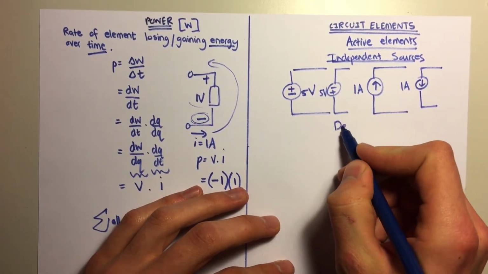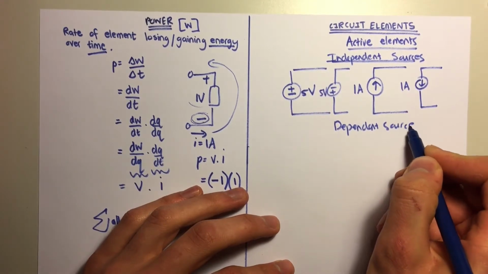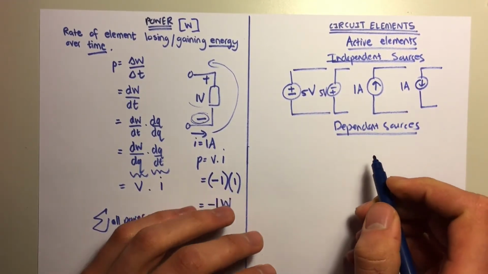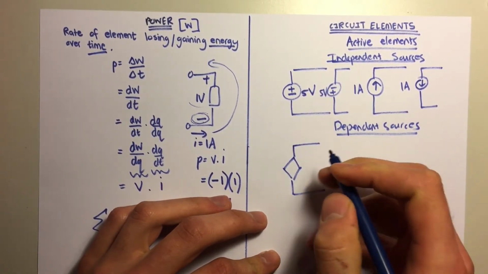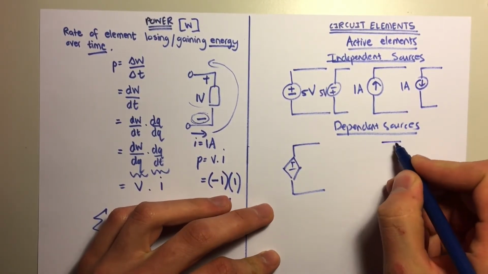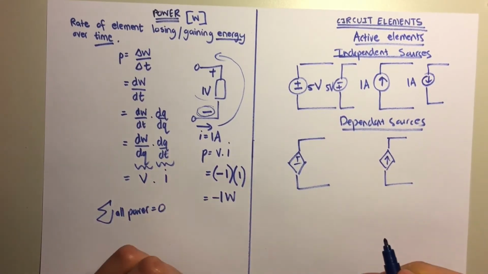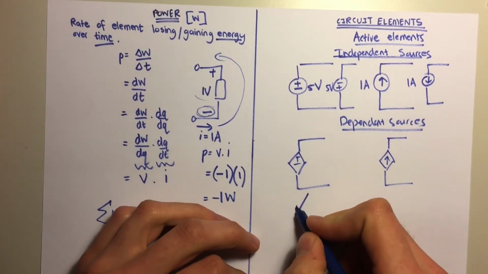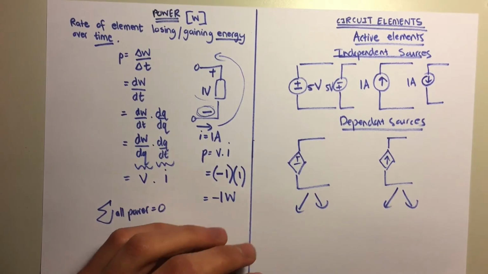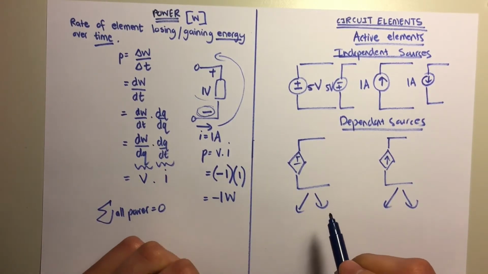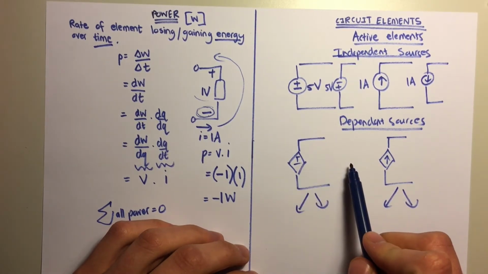Then you get what is known as a dependent source. Dependent sources depend on something else within the circuit in order to work, and if that something else isn't there, they won't work. You get 4 types: 2 types of dependent voltage sources and 2 types of dependent current sources. A dependent voltage source can depend on either another voltage or another current.